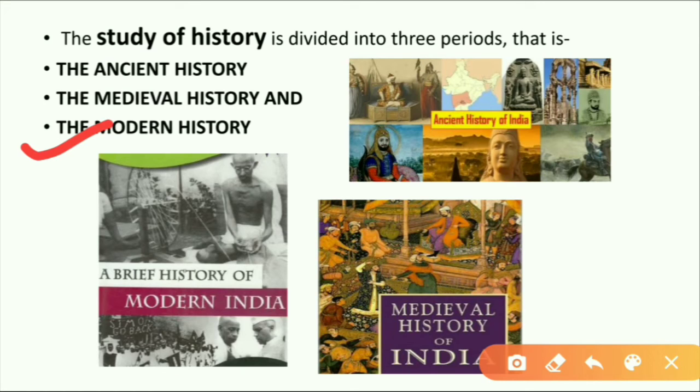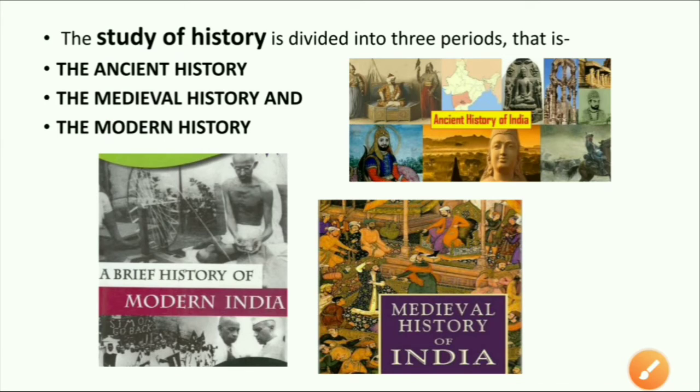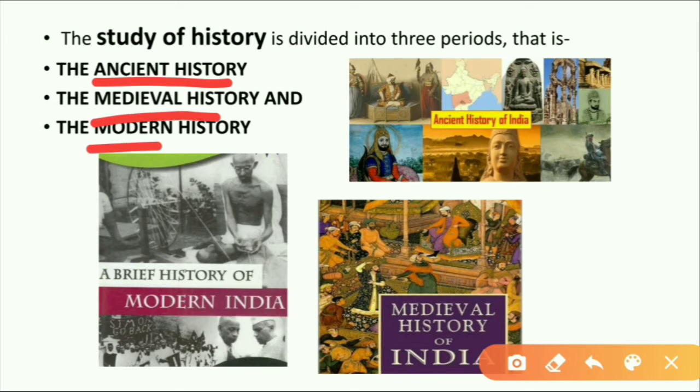Modern history generally tells us about the history up to the present day. So these were the three periods of the study of history: ancient history, medieval history, and modern history.